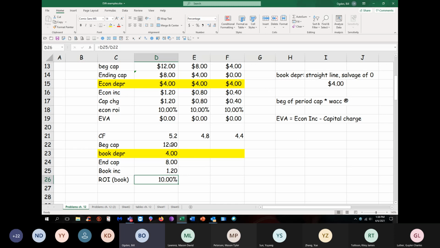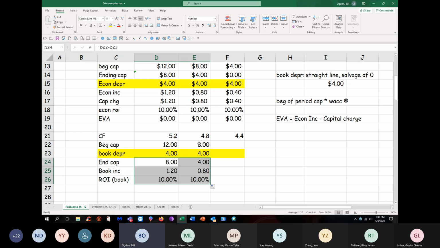All right, so let's keep firing here. We know that the ending cap for the previous year is the beginning cap for the current year. All right, and the book depreciation, we could actually copy. Once you have this beginning-ending relationship set up, now you can copy this all the way across.